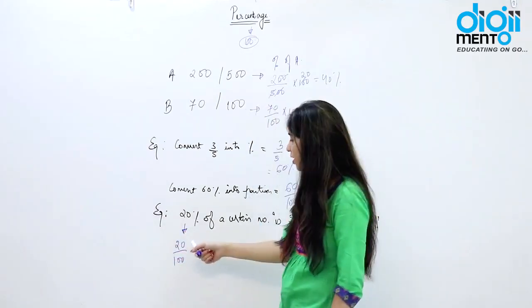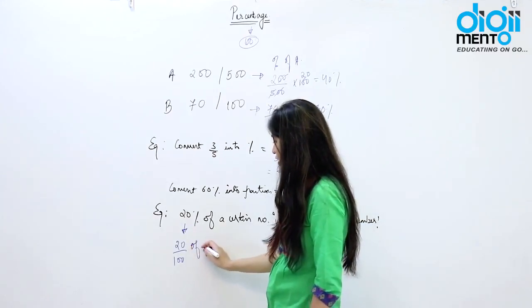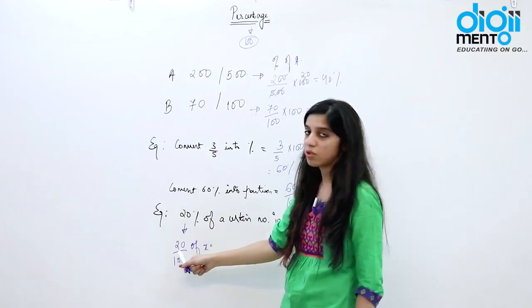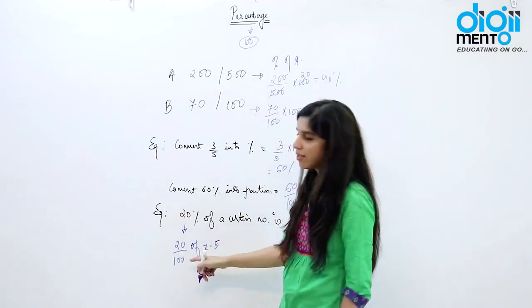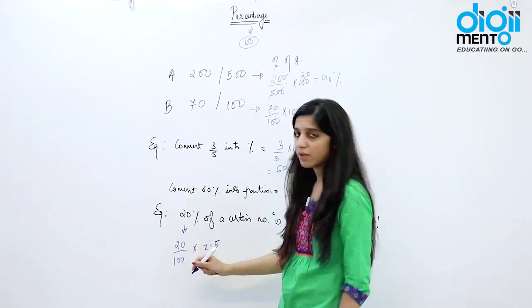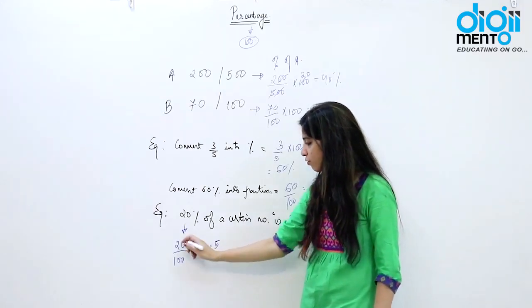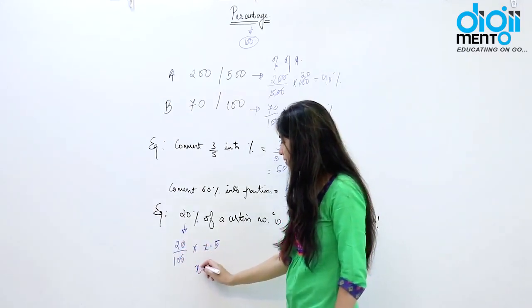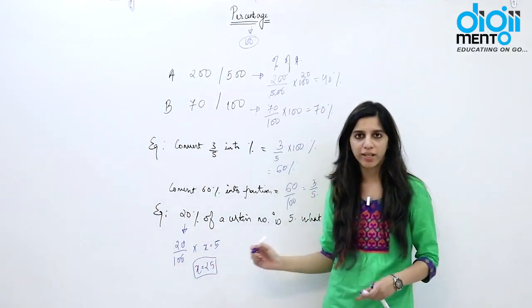So what am I saying? 20 by 100 of a number, suppose that number is x, I am supposing. 20 by 100 of x is 5, right? You can just replace this 'of' with multiplication. Fine, because this much part of x was 5. So now if you just solve it, you can see that x is going to be 25. So the number was 25.